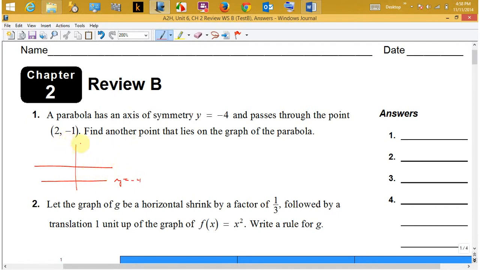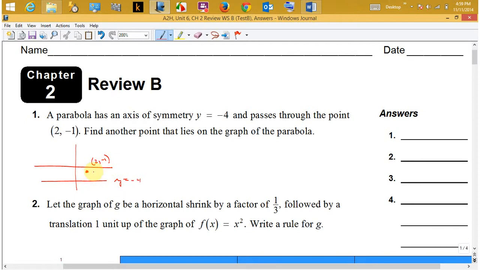And it's got a point (2, -1) that is on the graph. That point will actually be 3 away from the axis of symmetry, because it's (2, -1).